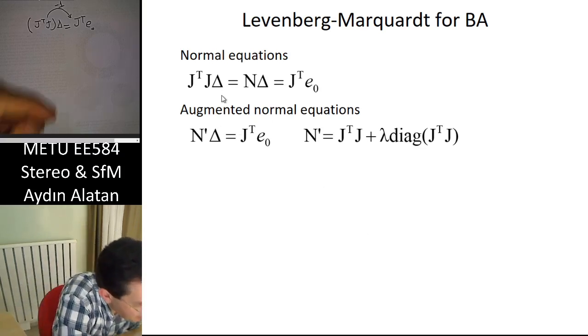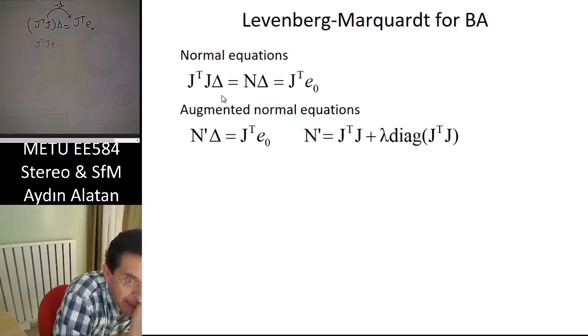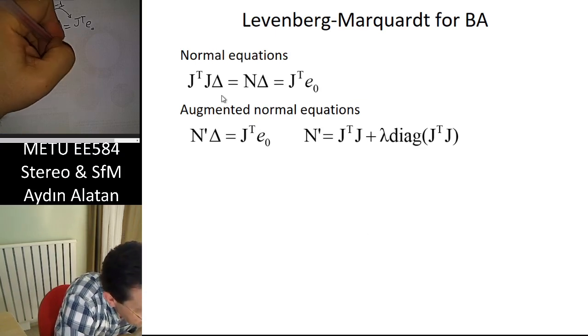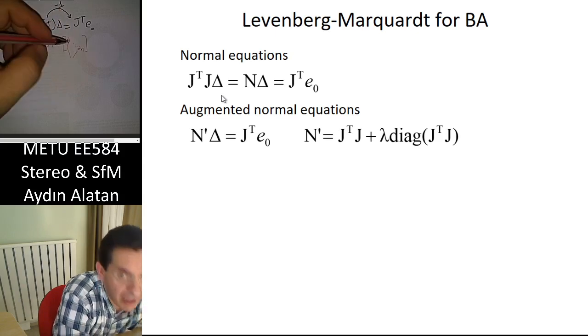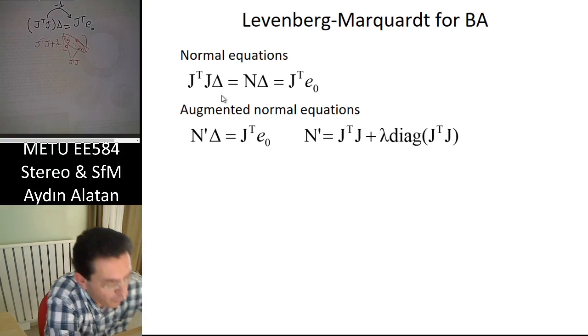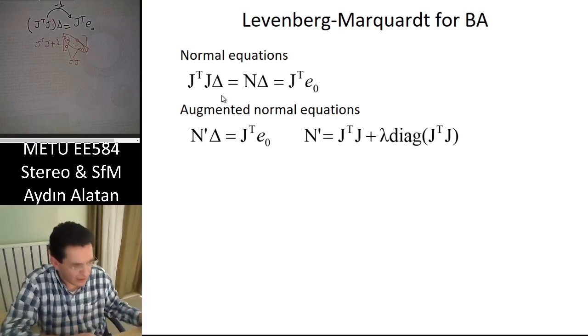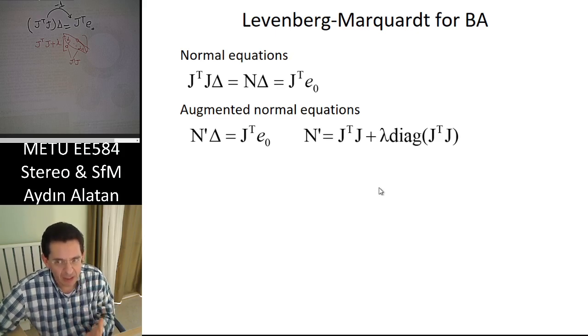Instead of J transpose J, you add lambda times diagonal terms like D1 through Dn, and these diagonals are obtained from J transpose J. The off-diagonal entries are 0. This is a diagonal matrix, and obviously, diagonal matrices have inverses. Adding such a term guarantees that you have an inverse.